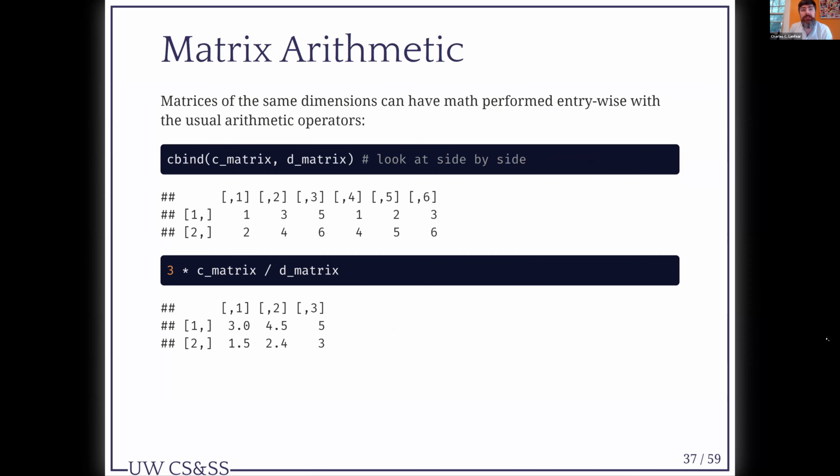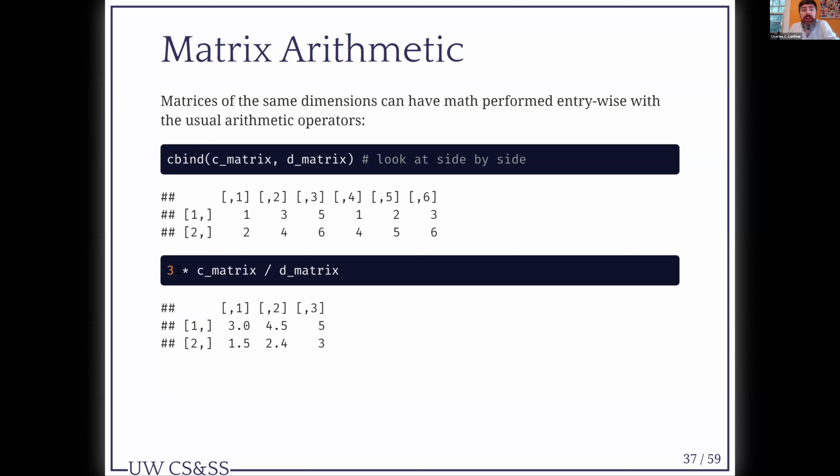Okay, so matrix arithmetic. If matrices are the same dimensions and you do math on them, they will do element-wise or entry-wise math using normal operators. So I'm just doing cbind, C matrix and D matrix, to show you what these two matrices are. C matrix is these first 6 elements, D matrix is these 6 elements over here.